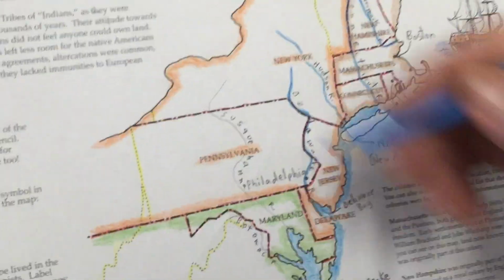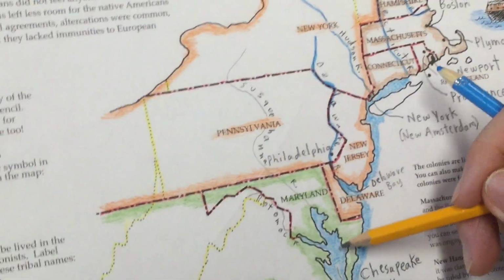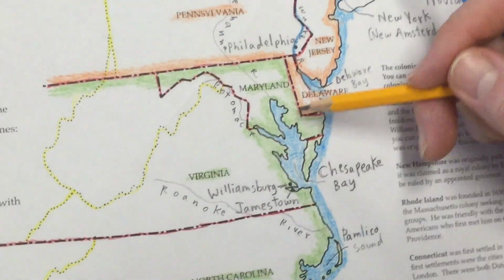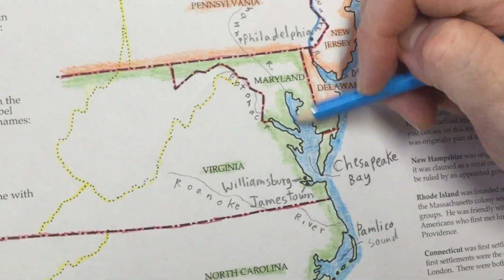Okay, this next one empties into the Chesapeake Bay, which I also labeled on the map. You can see how I've colored in the Chesapeake Bay.